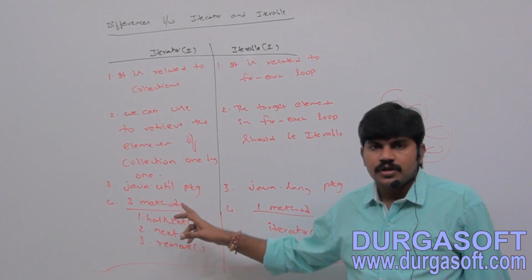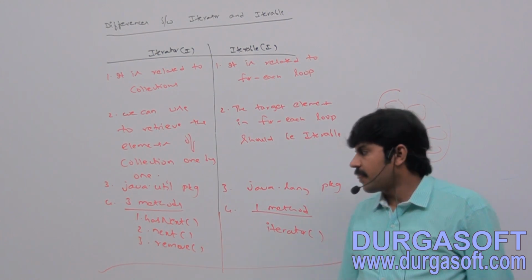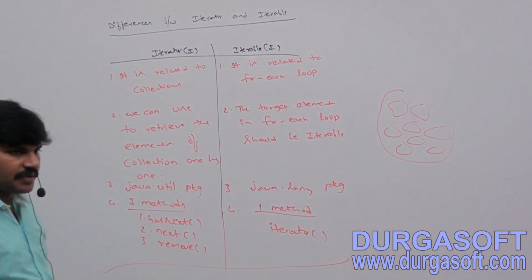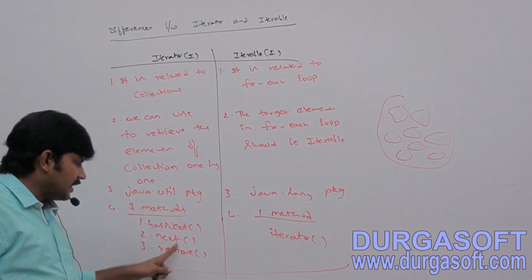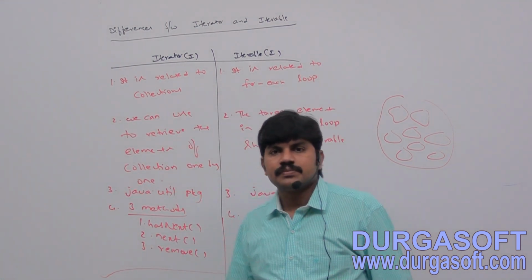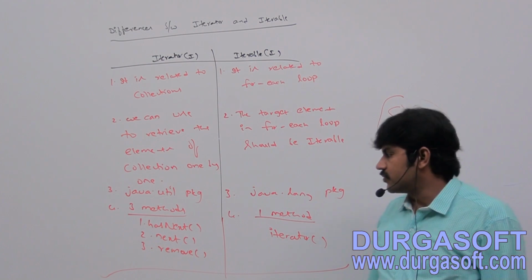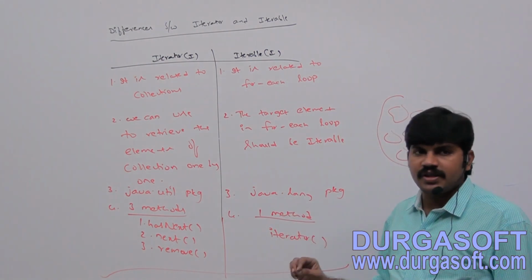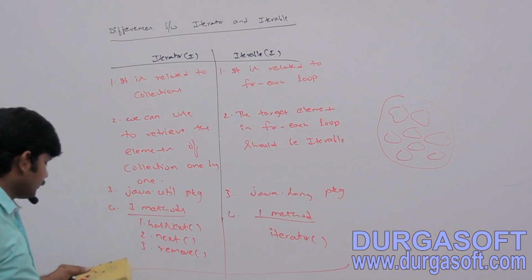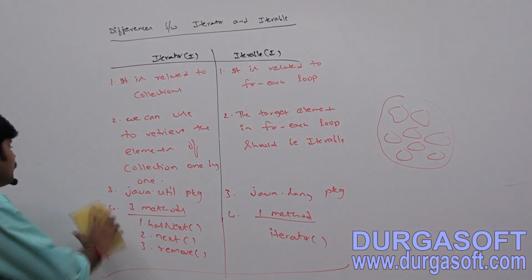Next, iterator contains three methods: hasNext, next, and remove. Iterable contains one method. Can you spell out what that method is? Iterator. It contains one method, iterator.